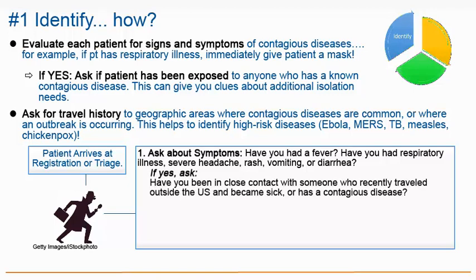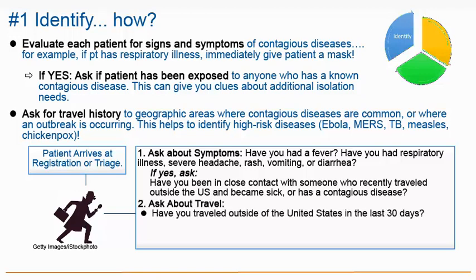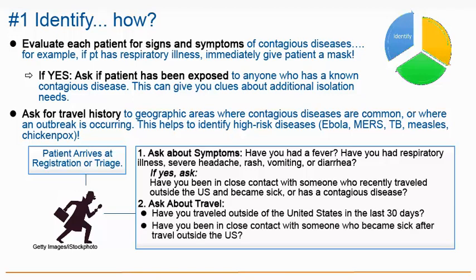If the patient answers yes, then ask, have you been in close contact with someone who recently traveled outside of the United States and became sick or has a contagious disease? Second, ask about travel. Have you traveled outside of the United States in the last 30 days? Have you been in close contact with someone who became sick after travel outside of the United States?